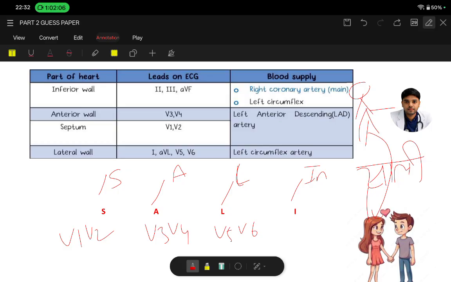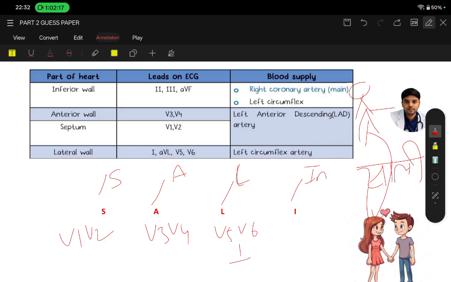Now see here, from here start. First, second, third, and here the augmented leads, AVR, AVL, and this is AVF.